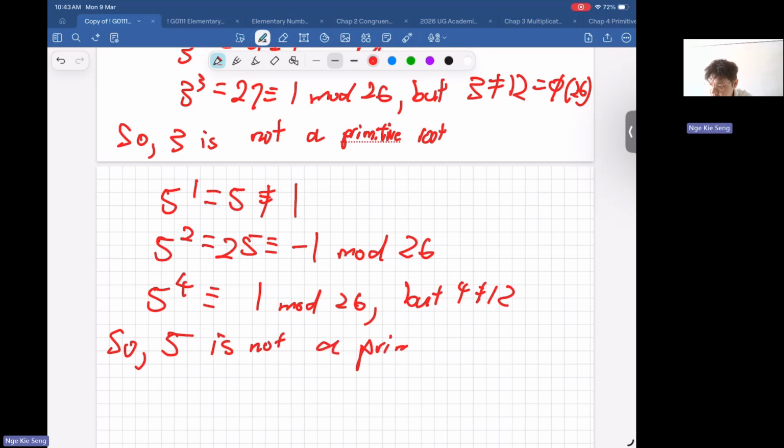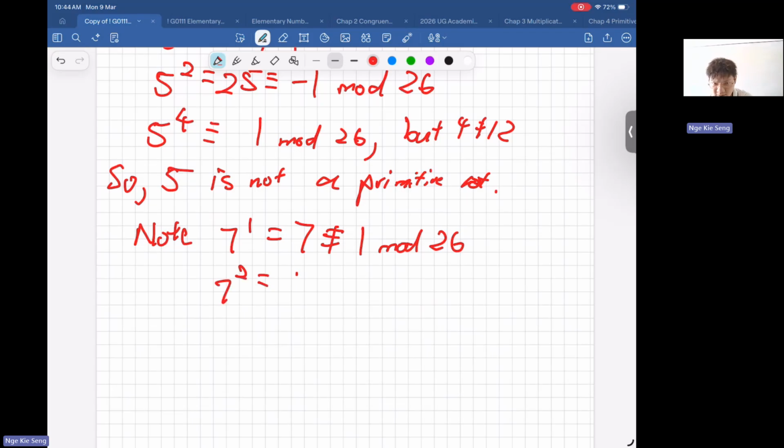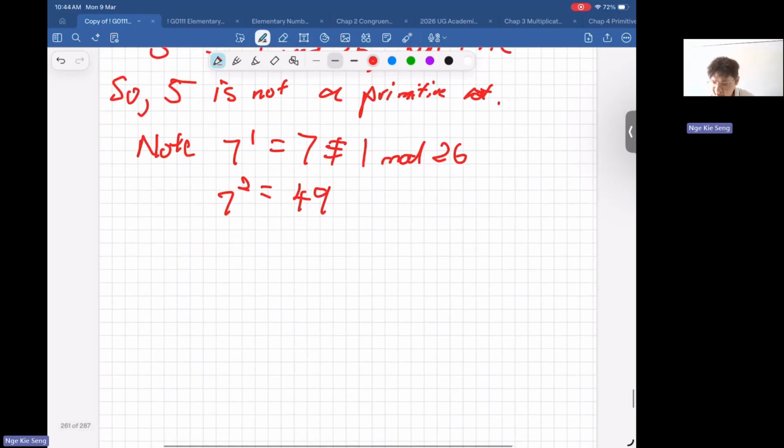But then if you go a bit further, which is 7, what you will see is 7 to the 1 is 7 mod 26, 7 to the 2 is 49, which is negative 3, which is not 1 mod 26.